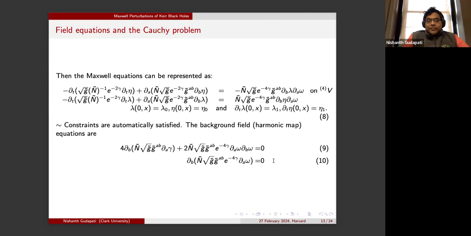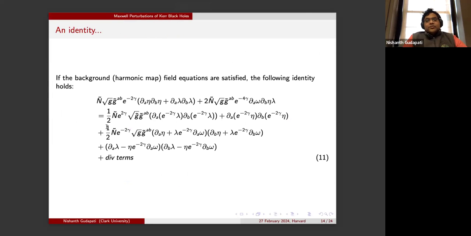But in those variables, something interesting happens. Those terms have a strong connection with a certain identity, wherein you can transform away those terms with ambiguous sign into terms which have a positive definite form plus divergence terms, right?